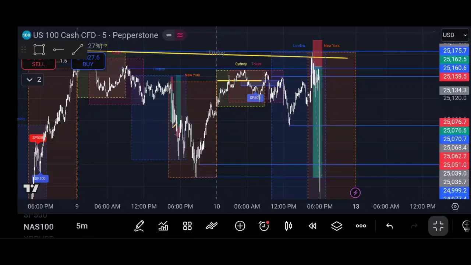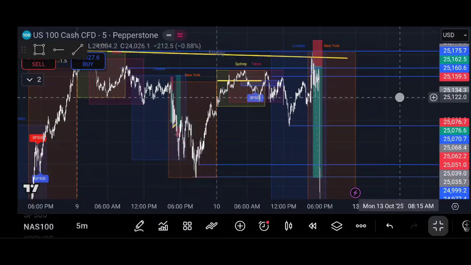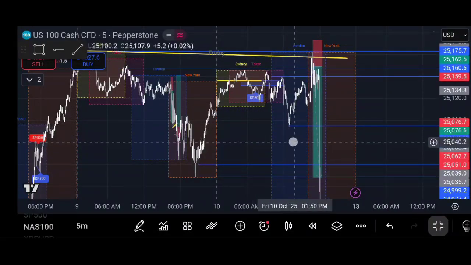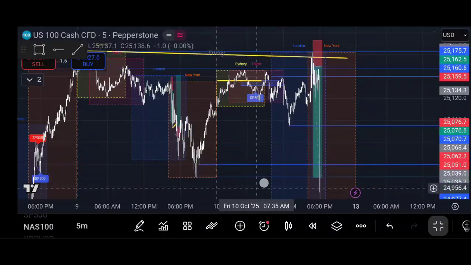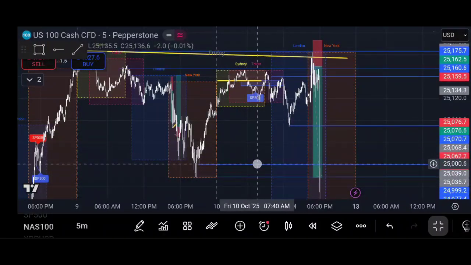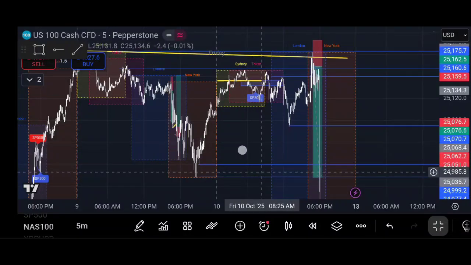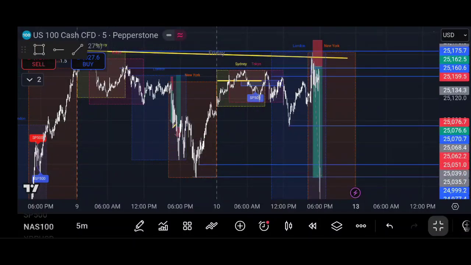As you can see, these are the liquidity points that are available in the market, and there is an FVG also underneath. So downward liquidities are there, and we can assume that the market will go down, grab those liquidities and make a move.